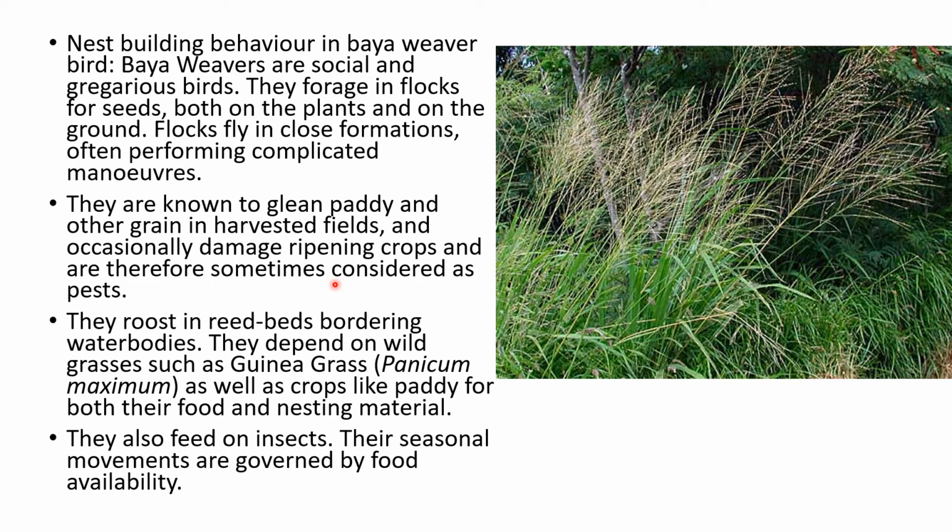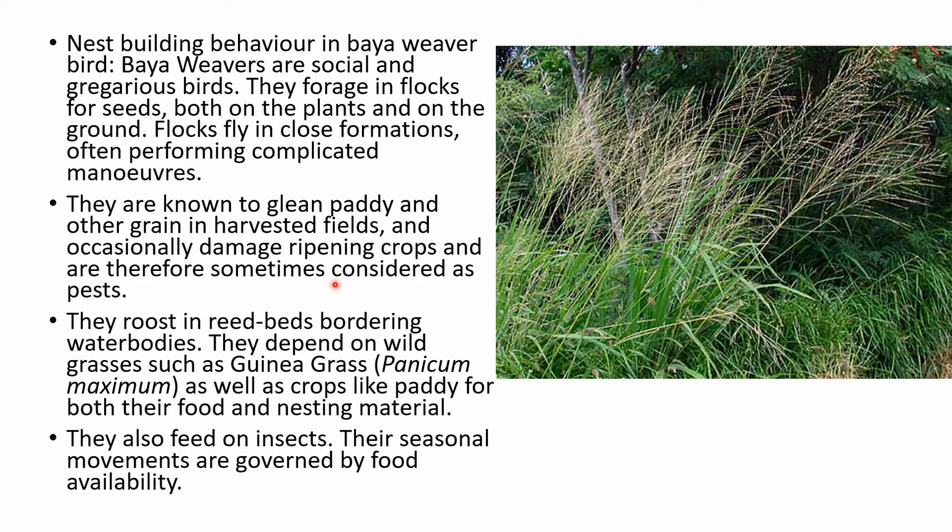They are known to glean paddy and other grain in harvested fields and occasionally damage the ripening crops and are therefore sometimes considered as pests. They roost in the reed beds bordering water bodies.